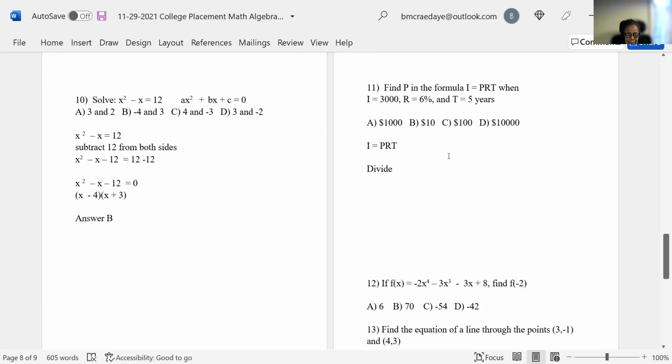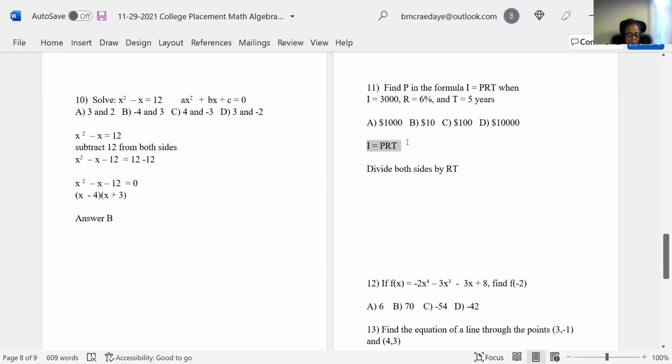The percentage, by R? Well, no, but you still would have T. So you've got to divide both sides by RT. That's it, Maureen, by RT. Very good. Divide both sides by RT. Let's do that, and then you'll just have P left.